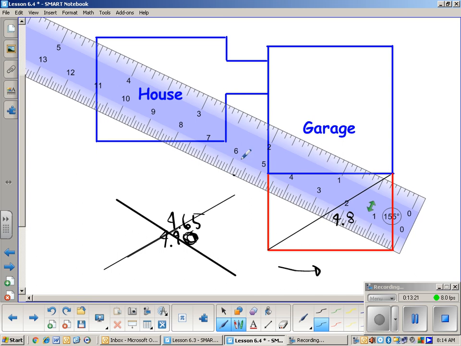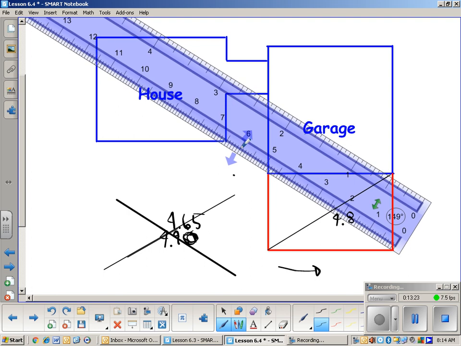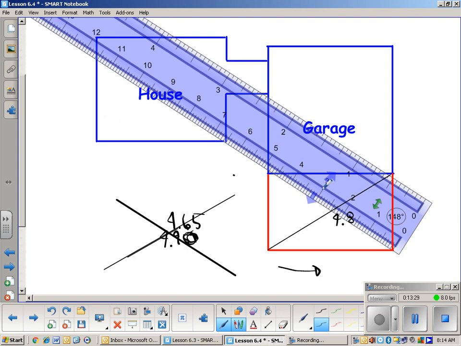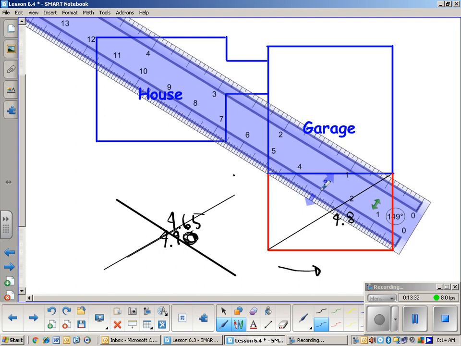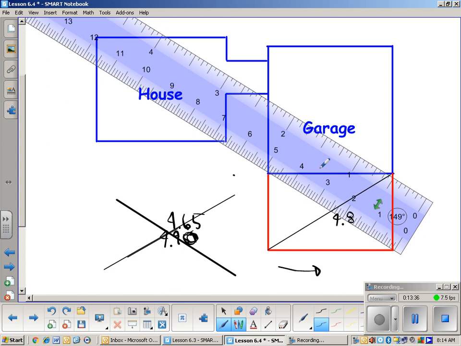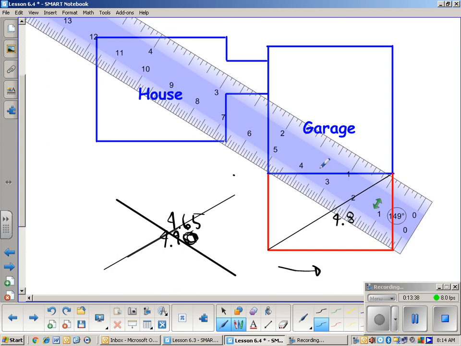Didn't quite get that to lay where I wanted to. It's pretty close now.